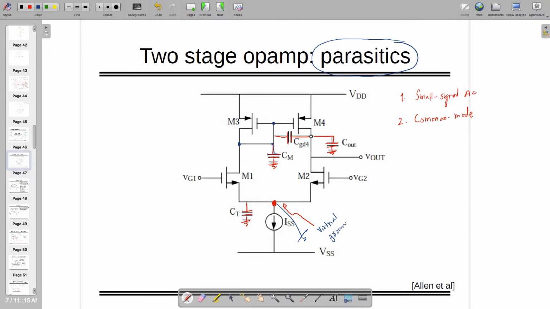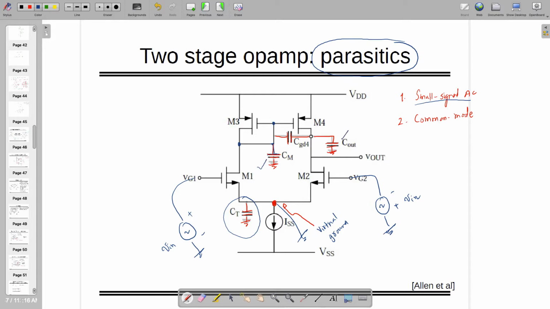When you are taking small signal AC, it is going to have two signals which are differential to each other, right? In that case, this is virtual ground, right? So in that case, we are seeing or measuring the capacitors. This one is not so useful, even though it's there.